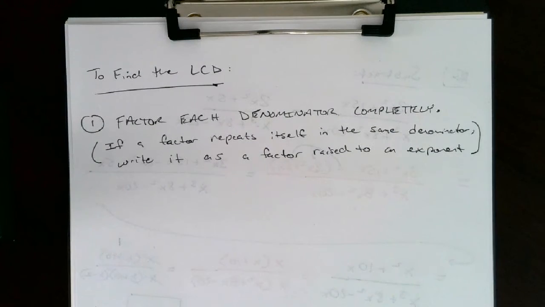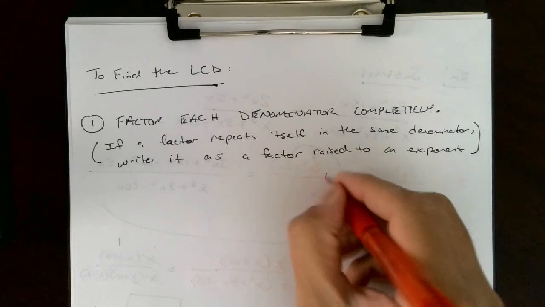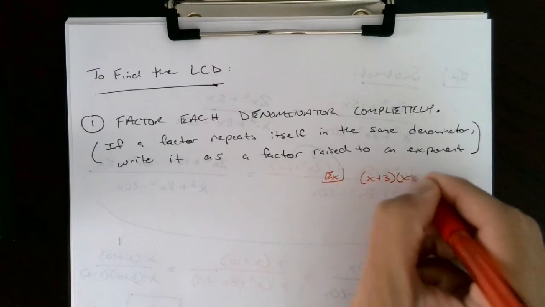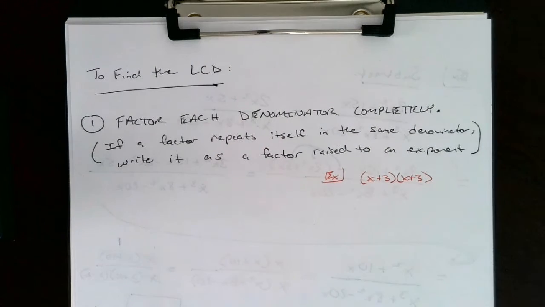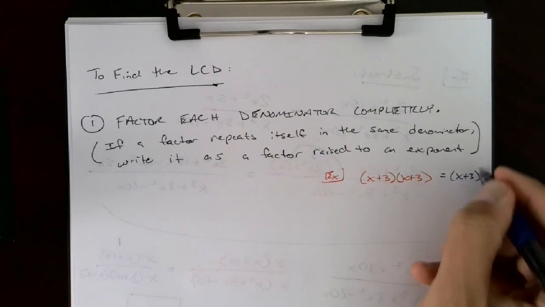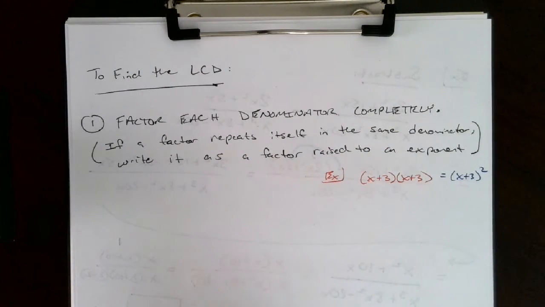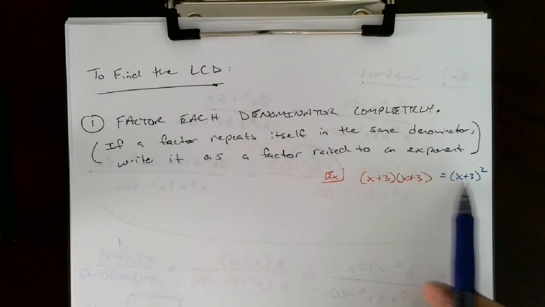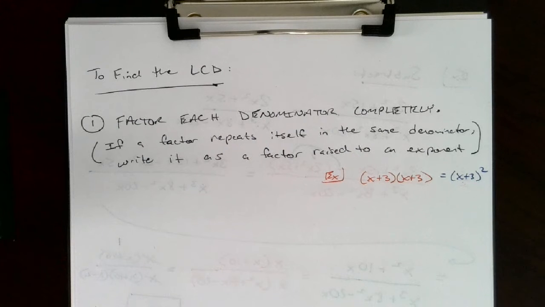So, for example, if I factored and I ended up with x plus 3 times x plus 3, you really don't want to leave it like that. You really want to write this as x plus 3, the quantity squared, so x plus 3 to the second power. So if something factored to that, I'd want to write it as that factor to that power. And it's going to become important as we move forward.